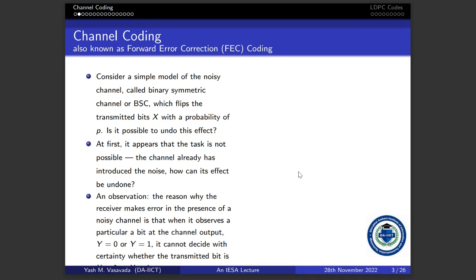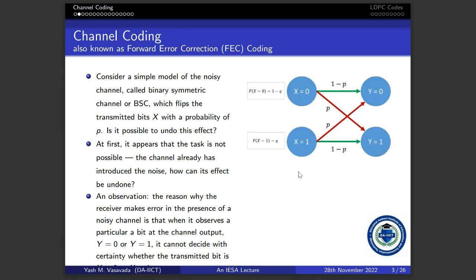Well, if you look at the problem a little closely, you will see the reason why the receiver makes the error. Suppose at the receiver I get a bit y equal to 0. Because the channel is this BSC type of channel, it is flipping the bits randomly.